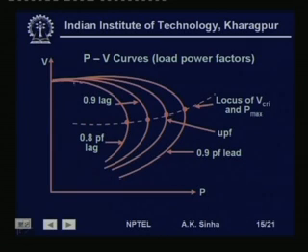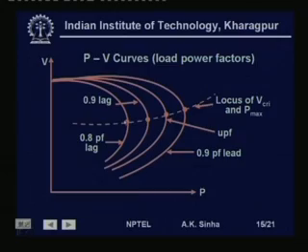Here we have shown the same nose curves for different power factors of the load, constant impedance load we are looking at, which has different power factors. We see that if this is the curve for unity power factor, then for 0.9 power factor lead, we can go for much larger loading, or for the same operating point we have much larger margin.